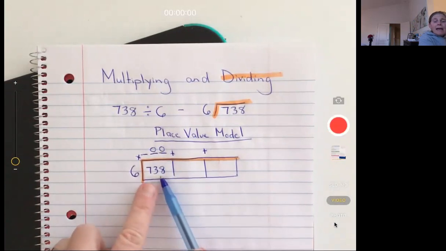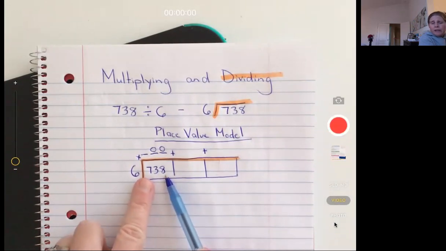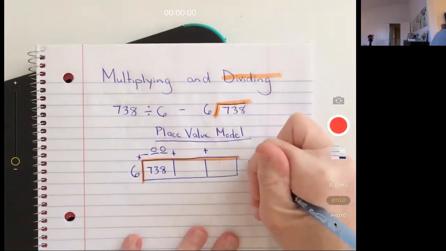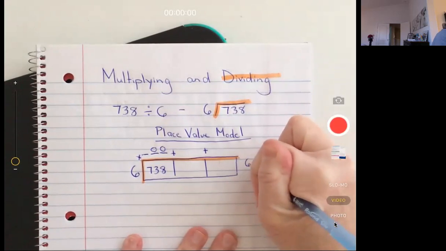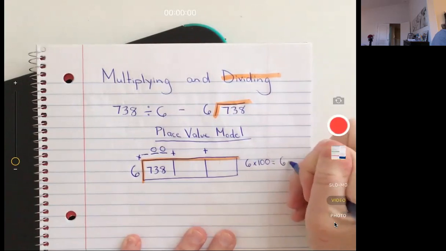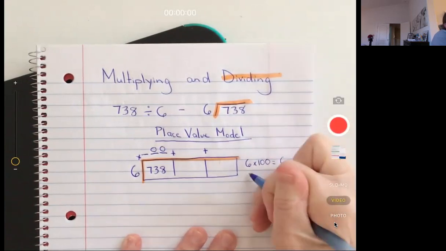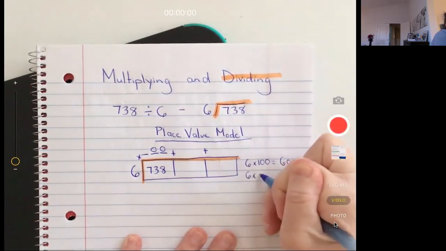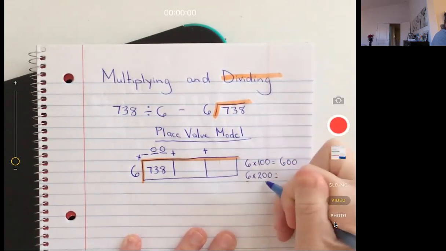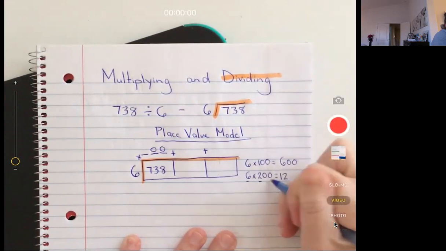I've got to find how many hundreds will get me really close to 738 and not go over. So let's try some. If I do 6 times 100, that's going to equal 600. Let's try a couple. 6 times, how about 200? That would equal 6 times 2 is 12.